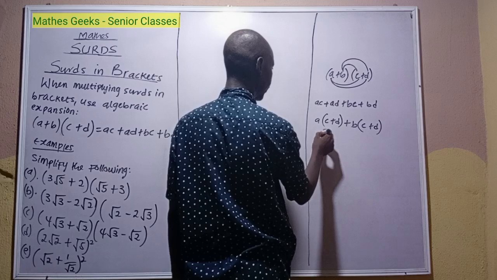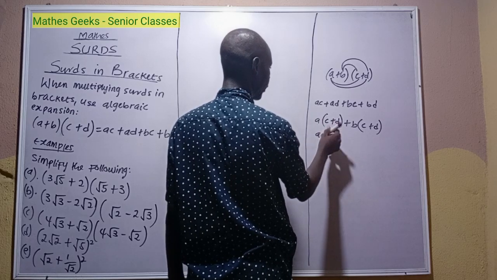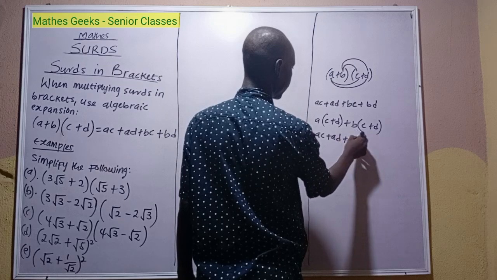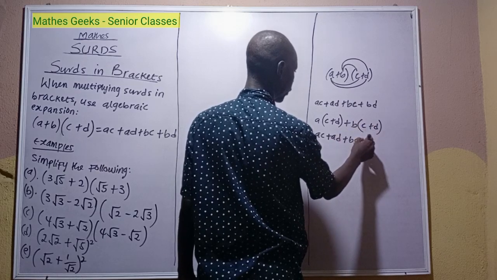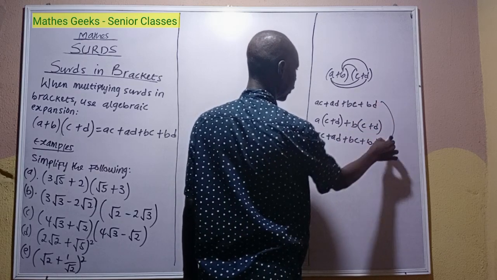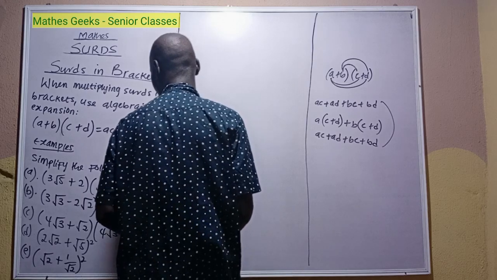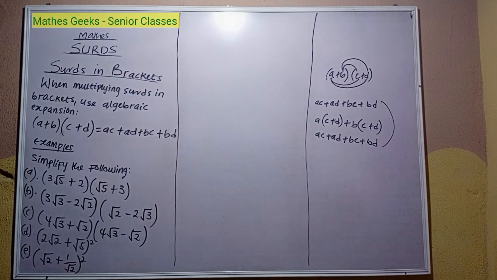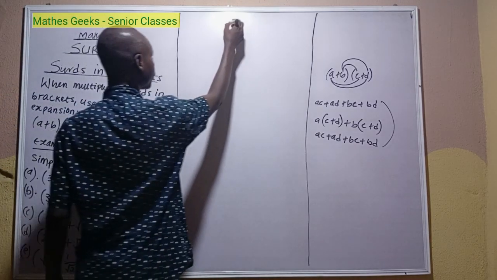So a times c is ac, a times d gives ad, plus b times c is bc, plus b times d gives bd. So either way, we get the same answer. That's exactly how we're going to simplify surds in brackets. So let's move on. Solution.